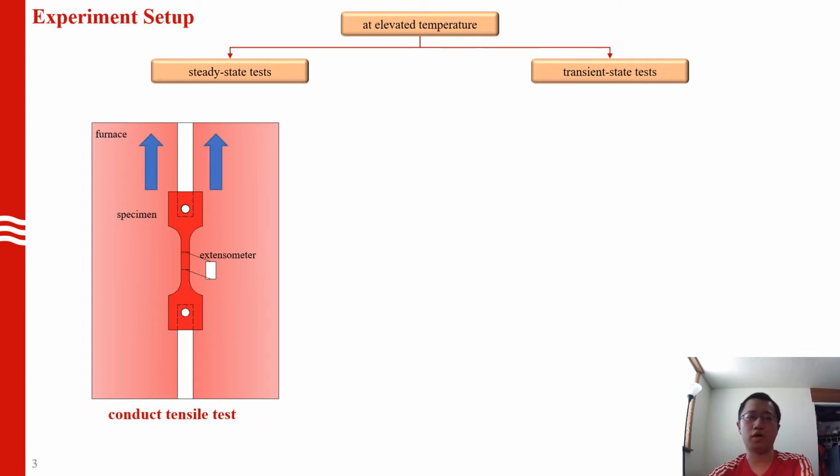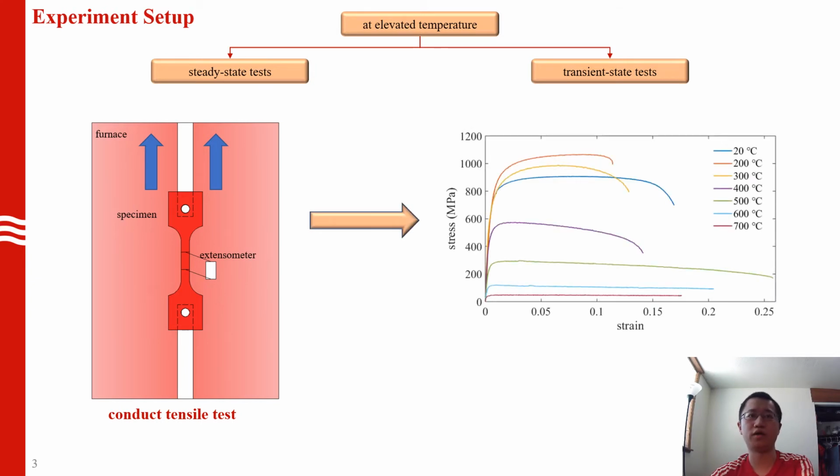The output is the applied load and the strain measured from the extensometer. The engineering stress can be easily calculated from the applied load over the cross-section area measured before the test. Here is an example result, showing the relationship between stress and strain for one steel at different elevated temperatures.